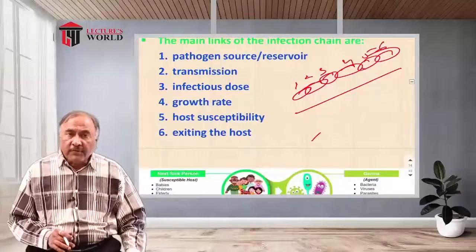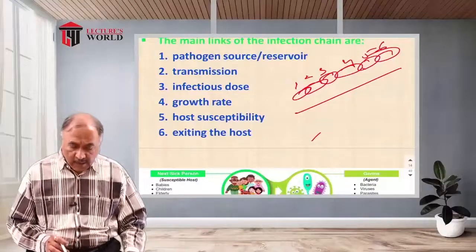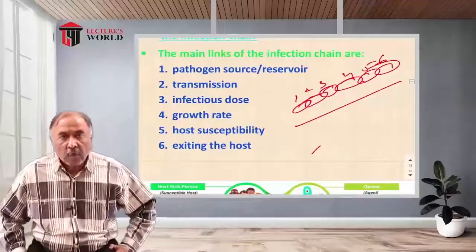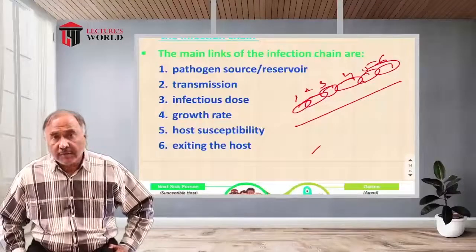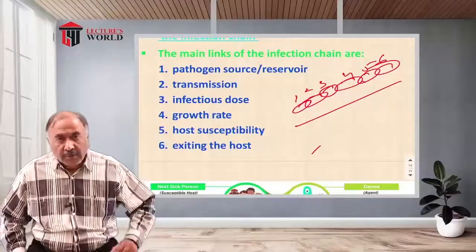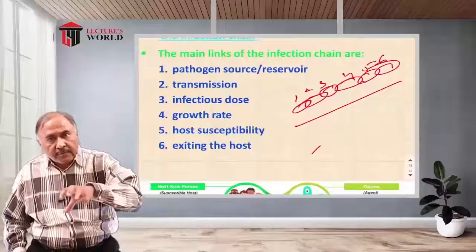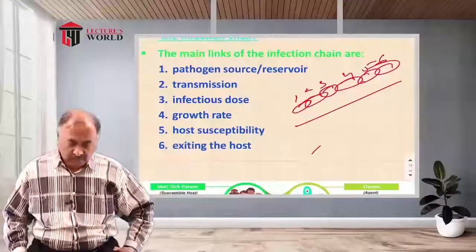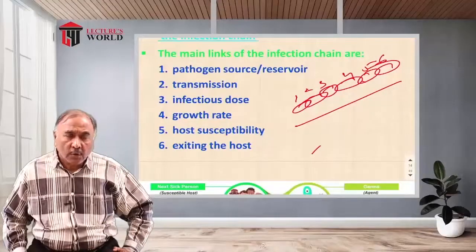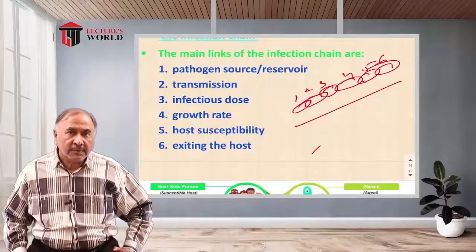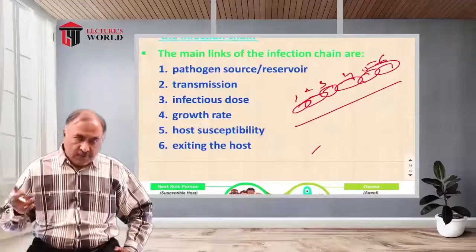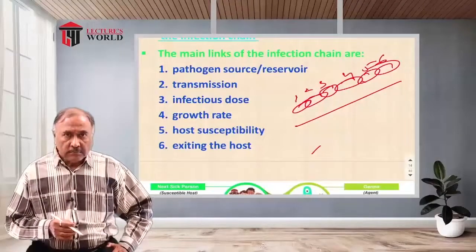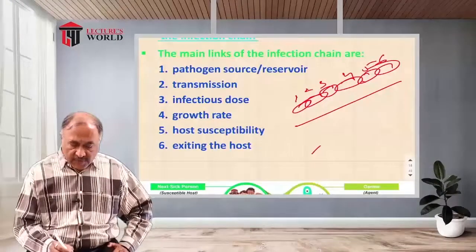What are the components of this infectious chain? Components include the pathogen source or reservoir. Reservoir means a location from where the pathogen would come. The host would pick up that pathogen from a source or from a reservoir. Second one is transmission.